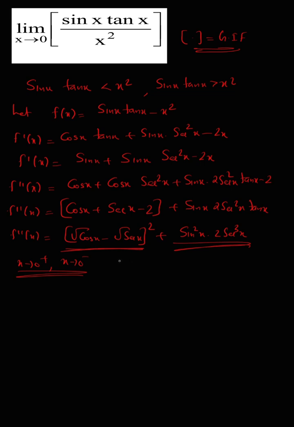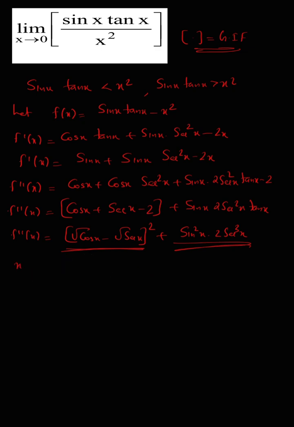Let me take the right side because the entire function is an even function, so whatever happens on the right side, a similar thing will happen on the left. So I got f double dash x as positive.